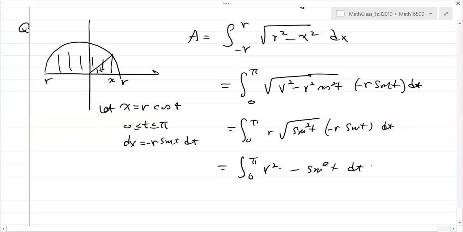Now this is negative, so I have to be careful with my sign.